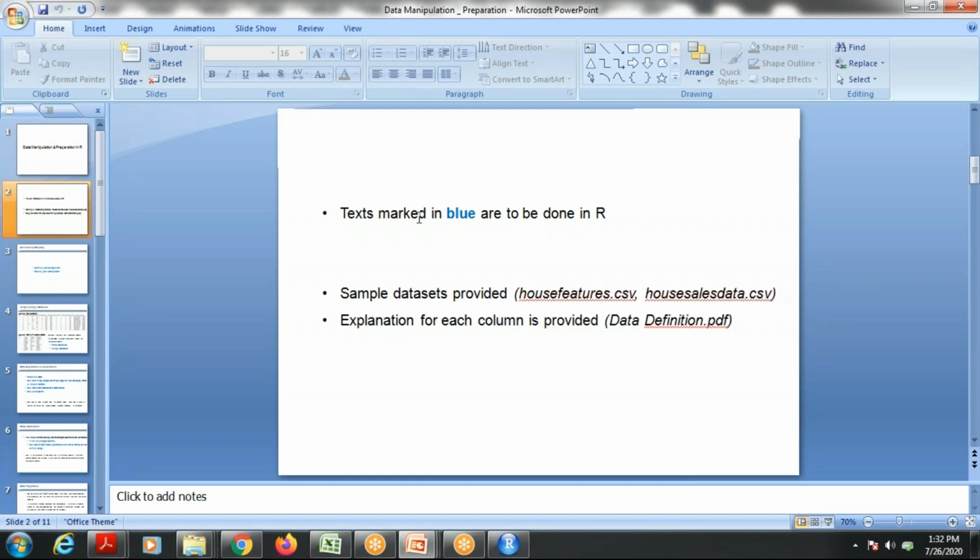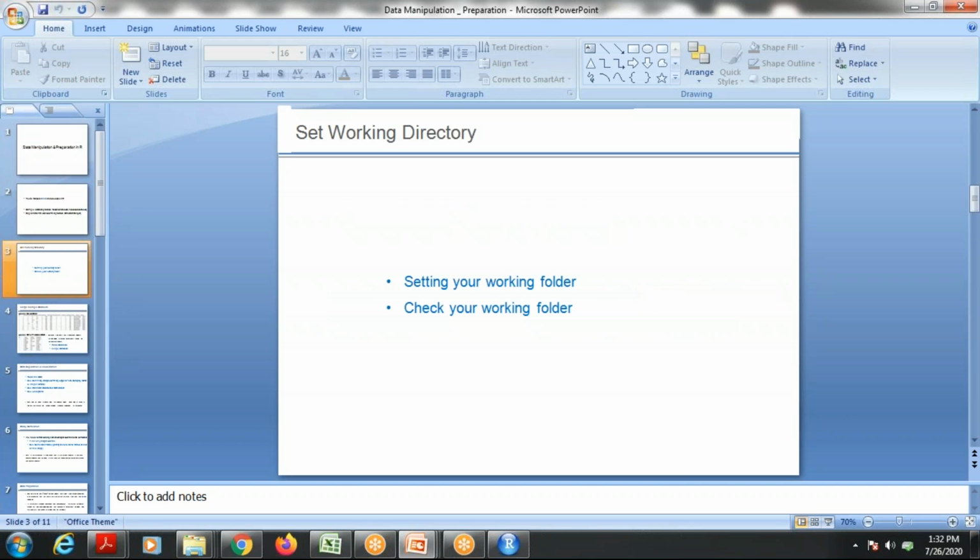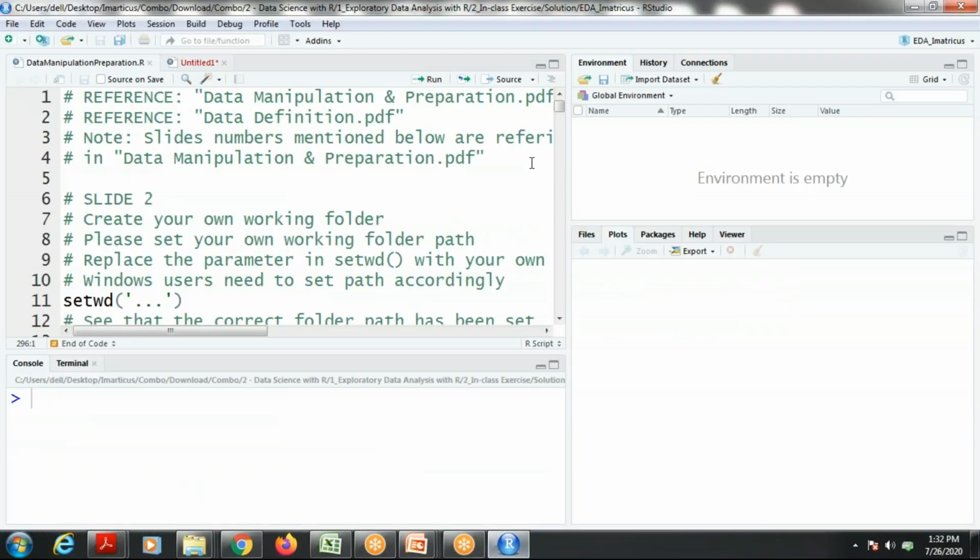This one has two sets of data. One is the house feature data, and the second is the house sales data, that is, the sales related values. So we have two sets of data that we are going to use, and considering that data, we need to follow certain tasks. So first, let me show you the data.